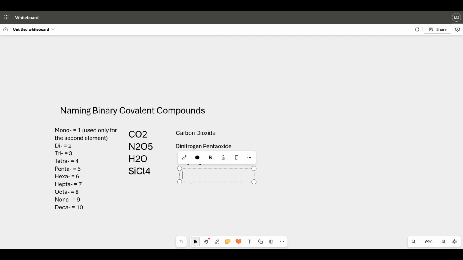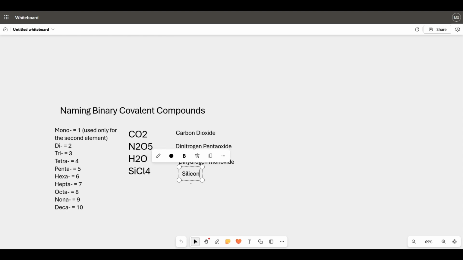And let's look at the final one. You can pause the video and do this by yourself to see if you understand the material. So take your time for that. But if not, let's just start tackling this question. So now we need to identify the first two elements. You have silicon and chlorine. So Si stands for silicon. So if we know the first element is silicon, there's only one silicon atom. So we don't need to put mono for this one, since mono is only used for second elements.